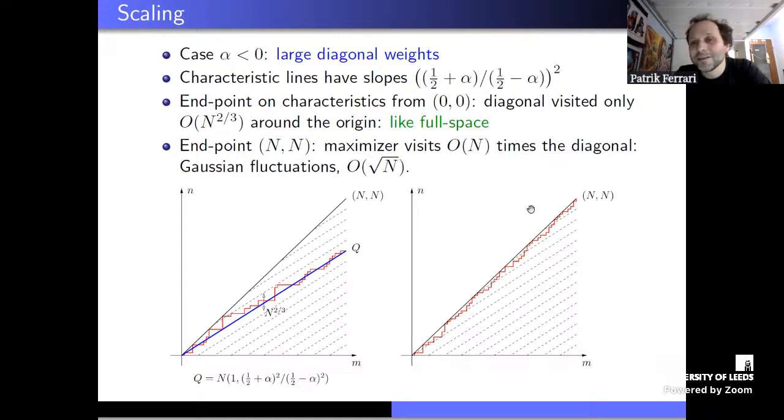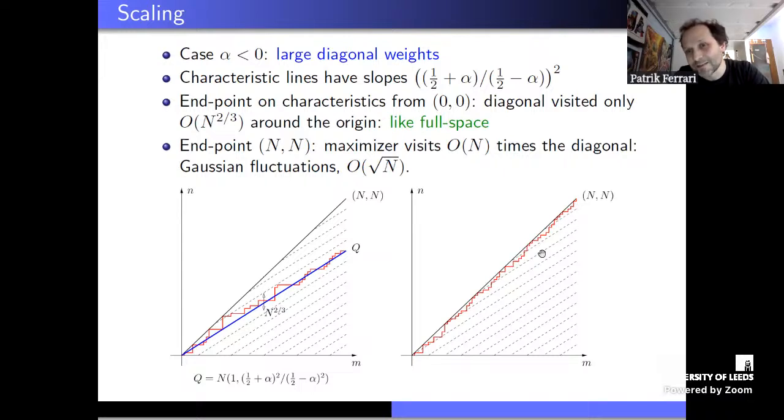On the other hand, if you take the endpoint to be on the diagonal, the paths which tend to maximize the last passage percolation, these are also called geodesics, will tend to follow this line going backwards.